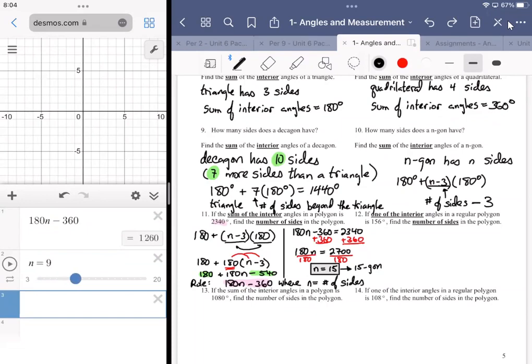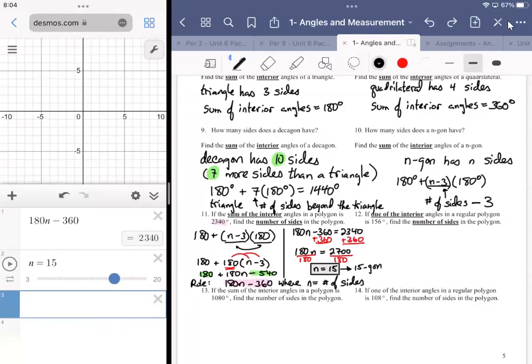So if I slide my slider based off of this rule that we typed in, to any n value, it's going to give me the corresponding degree measure for the sum of the interior angles for that number of sides, right?